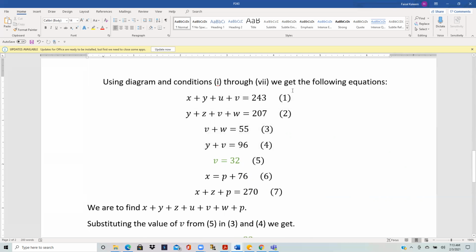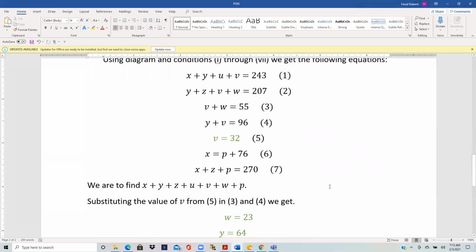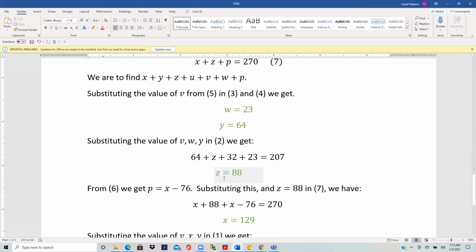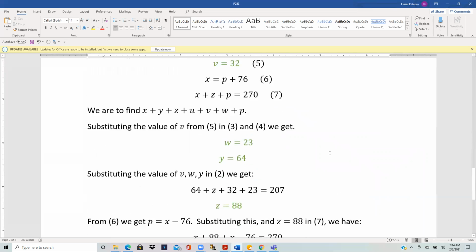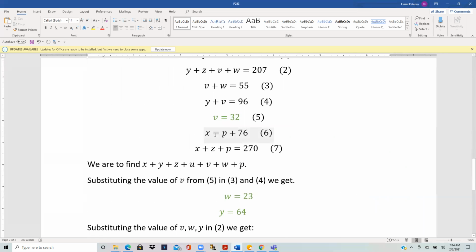We are, for the time being, done with 1 through 5. But if you look at 6 and 7, if you eliminate P from 6 and 7, we will only be left with X and Z. And we have the Z already, so we'll be able to calculate X. So from 6, P will be X minus 76.